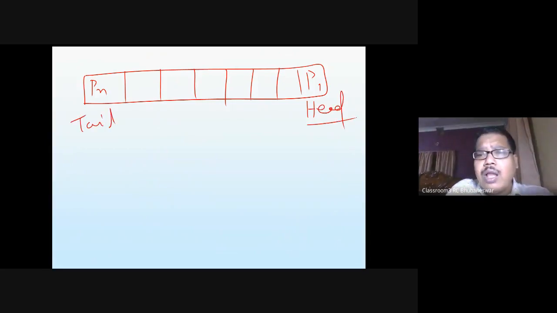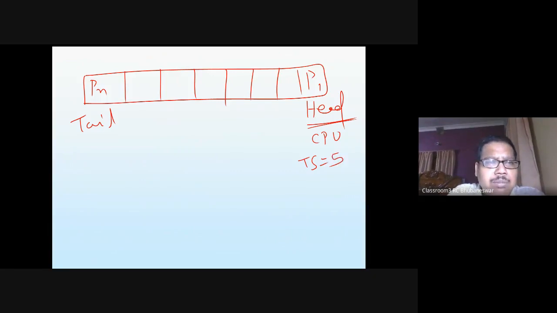I will always take the process from the head of the queue. The processor comes here and executes P1, with a time slice of 5 units of time.